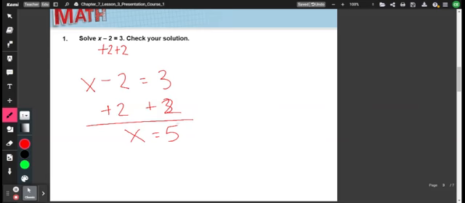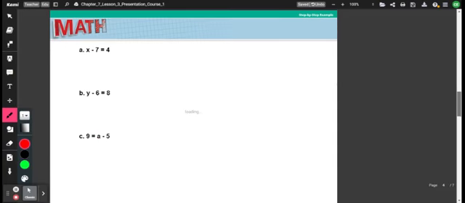And if we substitute 5 in where the x is, we would have 5 minus 2 equals 3. So 5 minus 2 equals 3 here, and that equals 3 on the other side, so those are both equivalent.